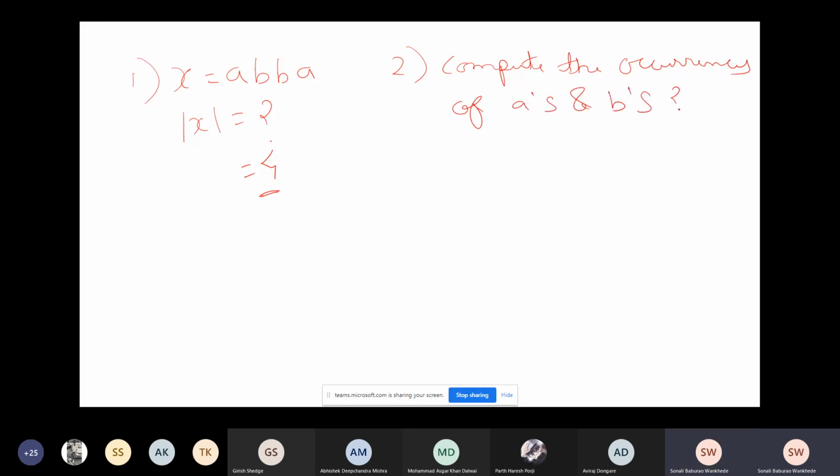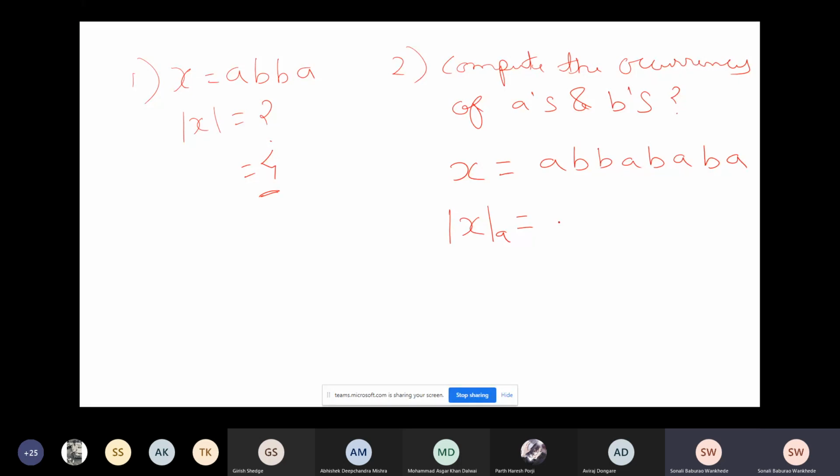I'm giving you the string x, okay, this is the string which is given to you. Now you have to compute the occurrences of A's and B's. How will you do that? First of all, you denote the occurrence of A in this way: mod of x to the base A. This denotes the occurrence of A.